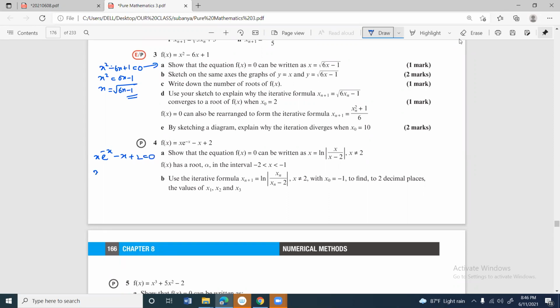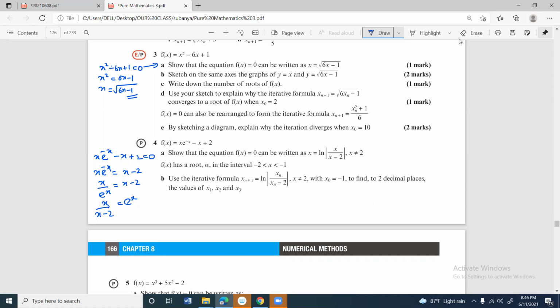Therefore I write x e to the power minus x equals, if you bring it to the other side, x minus 2. So e to the power minus x is 1 over e to the power x, giving x minus 2. With this, if you make e to the power x the subject, it turns out to be x over x minus 2, because that expression is there over here.